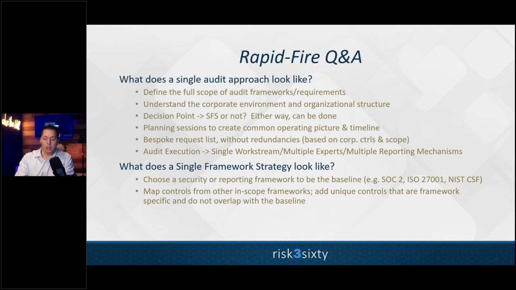So you first find what is common among all those frameworks, and then add to that single framework the stuff that is not common to all. So at the end of the day, instead of having 3 different reporting frameworks with 500 controls, it's more like 150 controls, and what is common to all helps to reduce some of that redundancy that you would otherwise have if you're not operating a single framework.